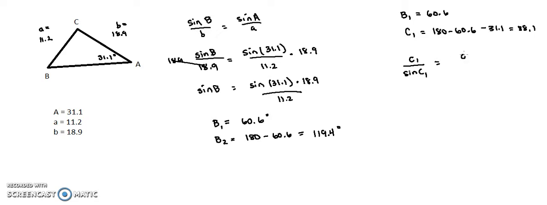I'm going to use the same a and A like I did before, and I've got little c1 and sine C1. So let's plug in what we have. We're looking for c1. We know that angle C1, we just found that, is 88.1. My sine in there. Side a is 11.2 and angle A is 31.1.